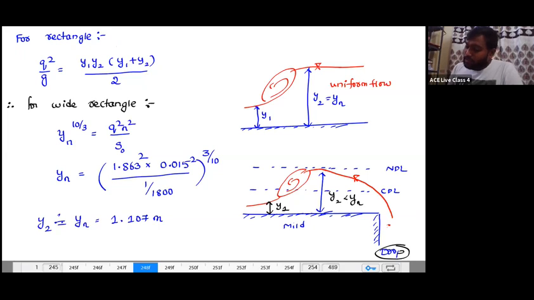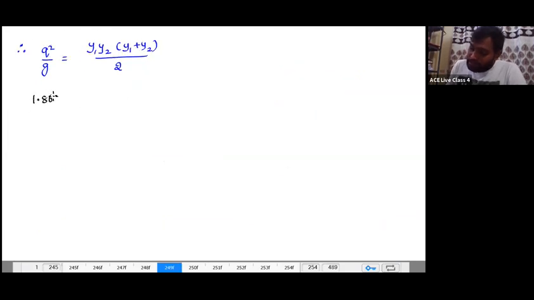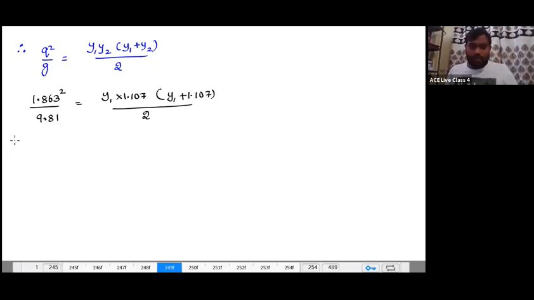So what is the q value again? 1.863 squared by 9.81 is equal to y1 into, y2 value is going to be 1.107, into y1 plus 1.107 by 2. Send every other value to the other side: 1.863 squared by 9.81 into 2 by 1.107.